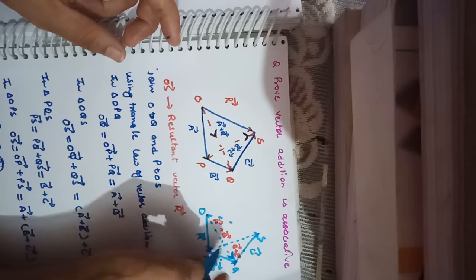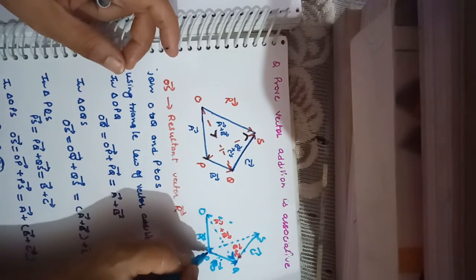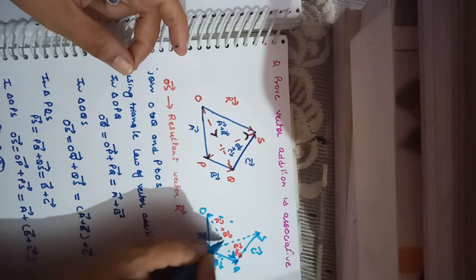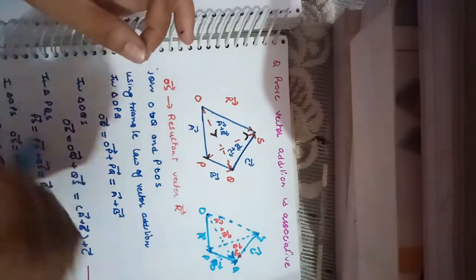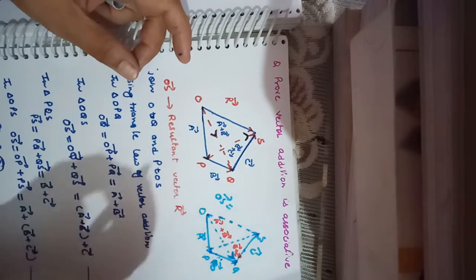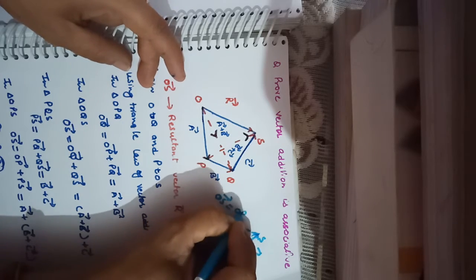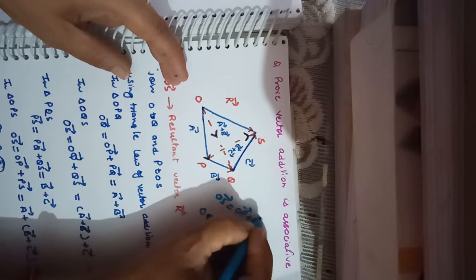B and C vector. Now take A vector and B plus C vector. So when you are joining the A vector and B plus C vector, you will be getting this resultant vector OS. Okay, so basically OS vector is the addition of OP vector plus PS vector.